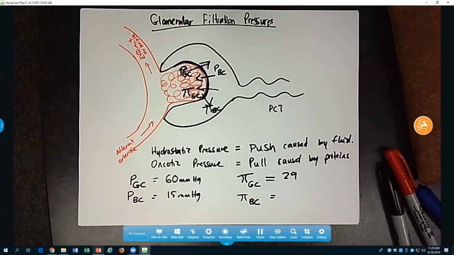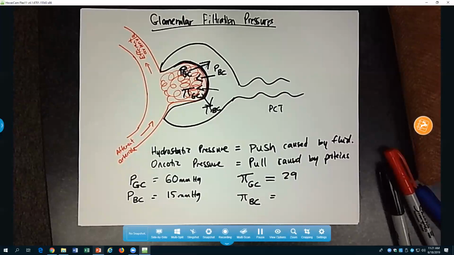It has to be protein, yeah. So we're not pushing because it's oncotic pressure. Good, there's no proteins in the Bowman's capsule, or there shouldn't be any. And so because we have an absence of proteins in the Bowman's capsule, the oncotic pressure, or the pull, in the Bowman's capsule is always going to be 0. There should be no protein in the space.